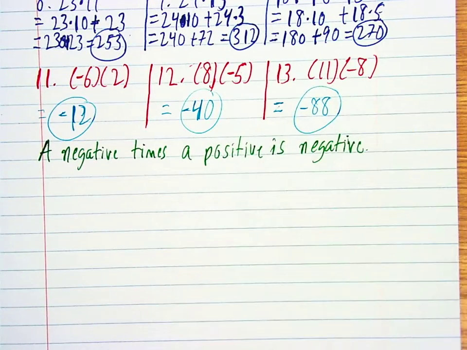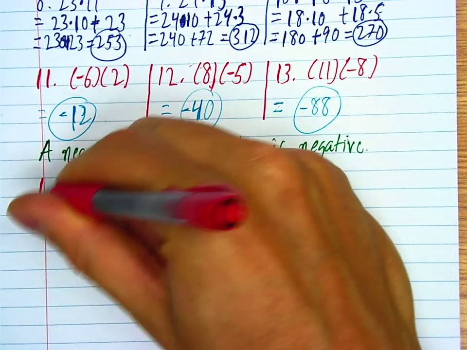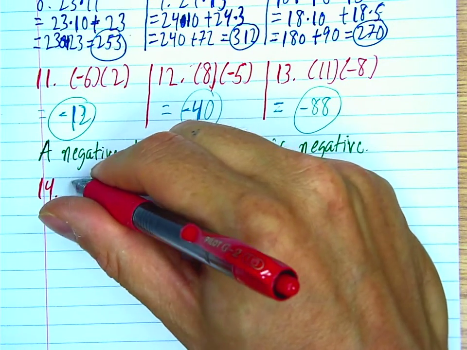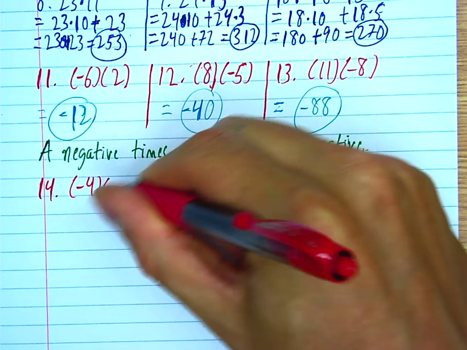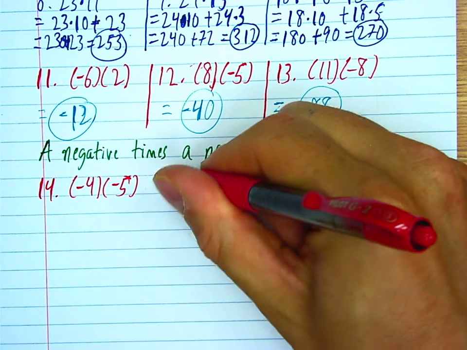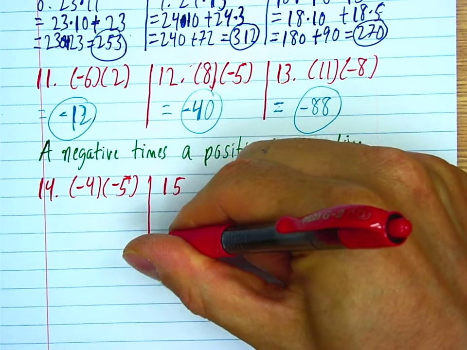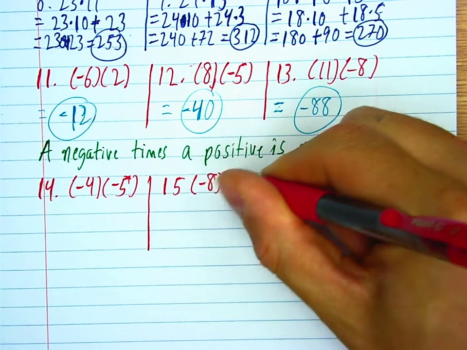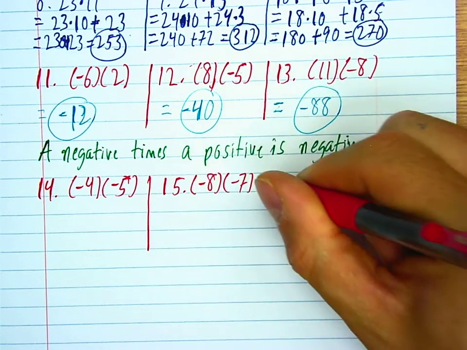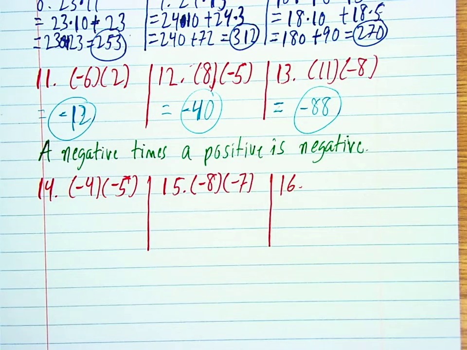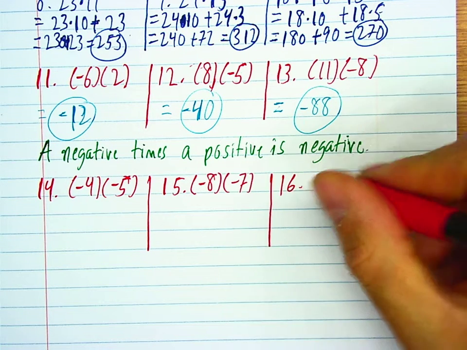All right, next items. So here are 3 more examples. However, this time both the items are going to be negative. So for example, negative 4 by negative 5, or negative 8 by negative 7, or negative 12 by negative 5.